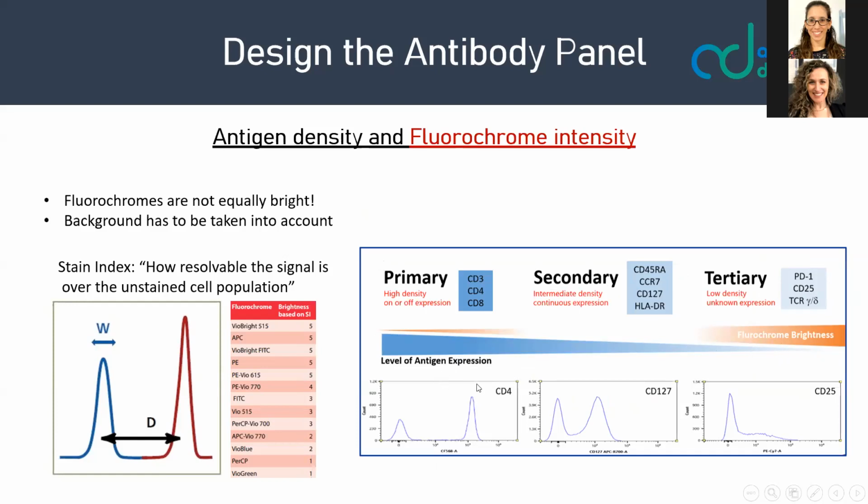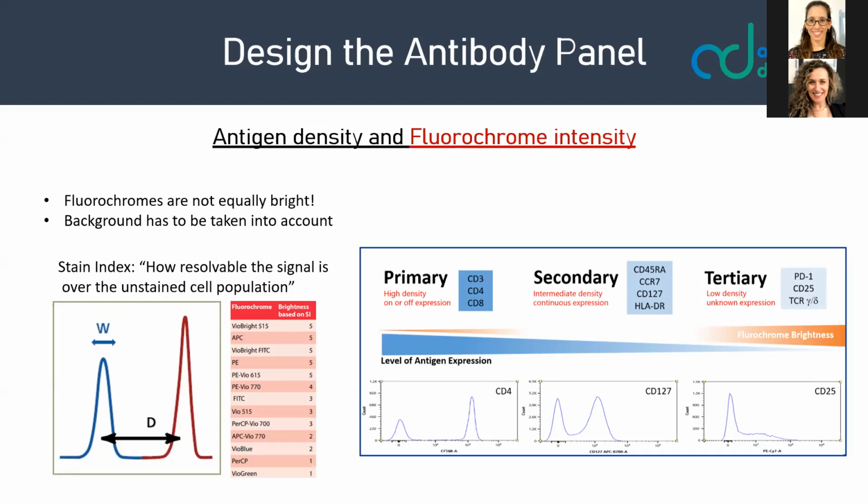Okay, and I would like to emphasize that you have to take into account the source of your cells. If you're working with cells that come from enzymatically dissociated tissues, you should always take into account the fact that the enzymes can cleave off your antigens from the cell surface.